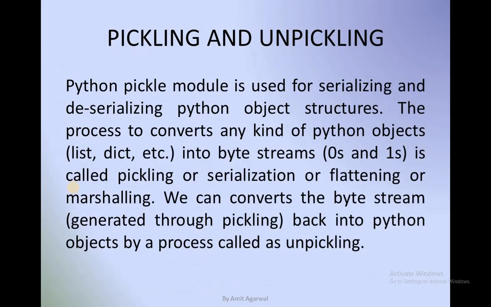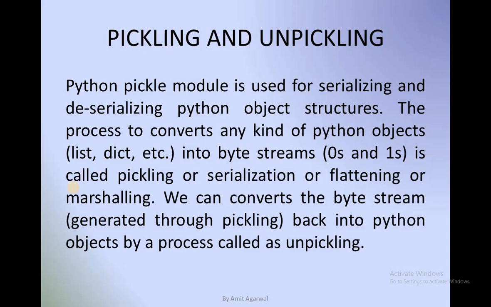But before that we have to understand the concept of pickling and unpickling. So what is pickling? The Python pickle module is used for serializing and deserializing Python object structures. The process of converting a Python object like a dictionary or list or any other Python object into byte streams in the form of zeros and ones is called pickling, or serialization, or flattening, or marshalling.